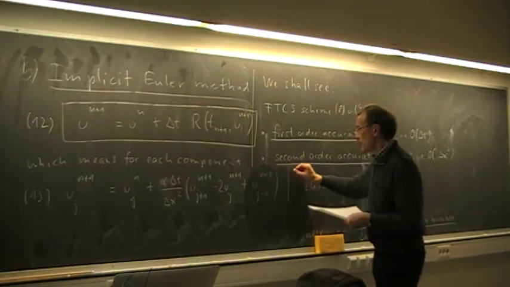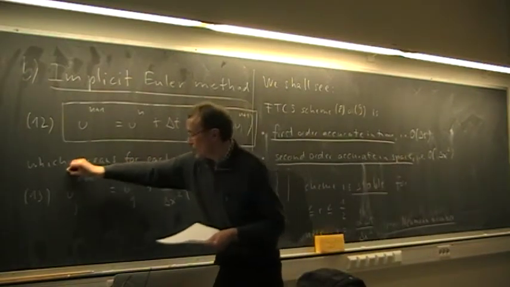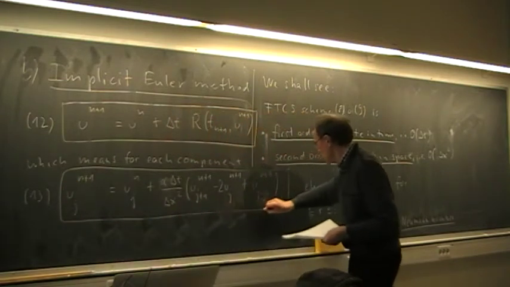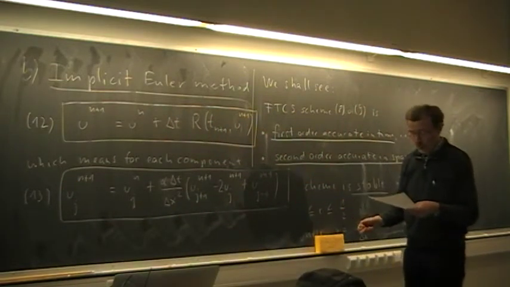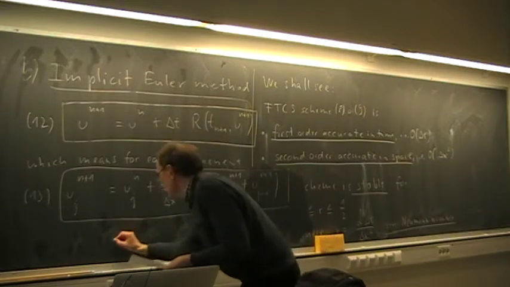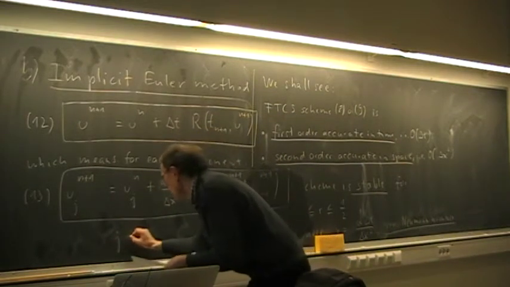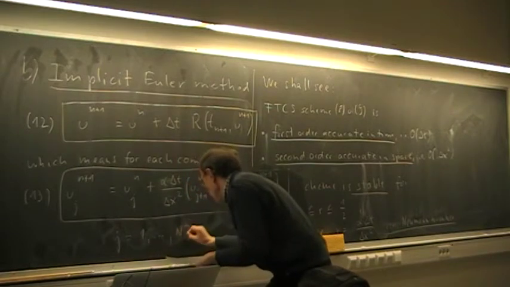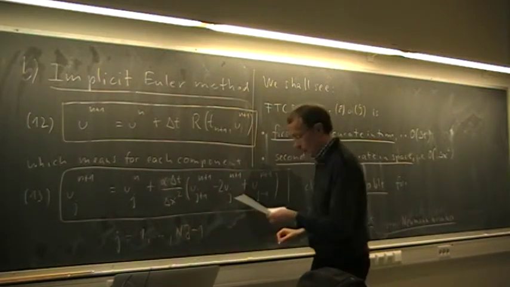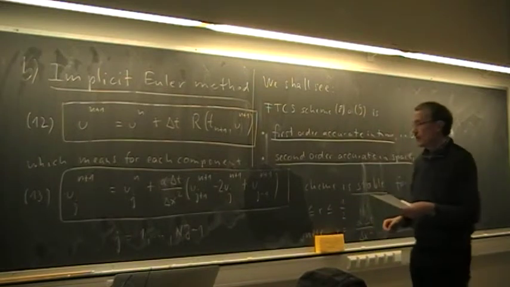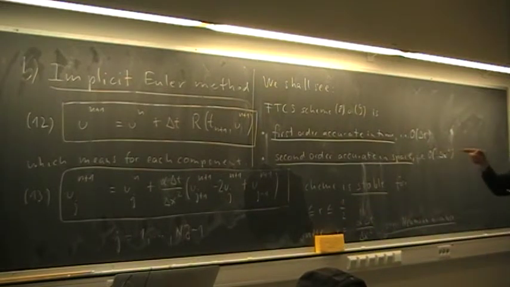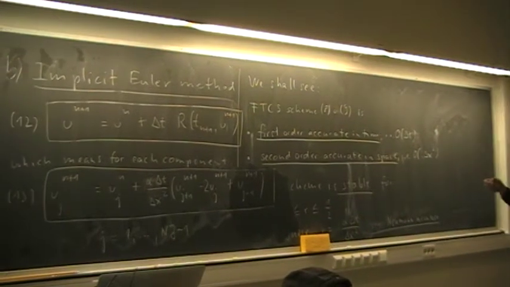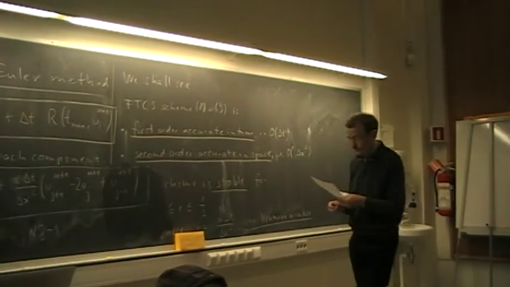So it will be solved at the component j. That we do for all grid points, from 1 to nj minus 1. And the boundary conditions are then used for j equal 0 and j equal nj, as we saw before.